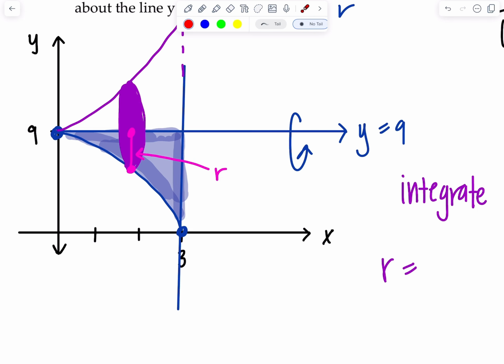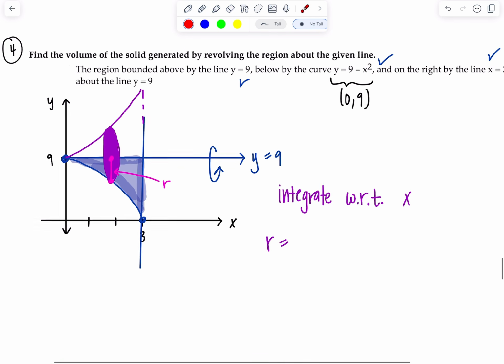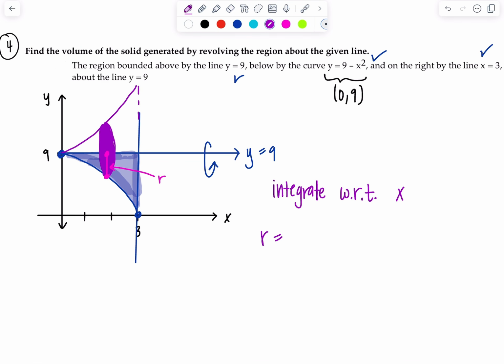What's bounding the radius on the top? Isn't this y equals 9 right there? Who's bounding the radius on the bottom? This curve. Who is this curve? It's 9 minus x squared. So 9 minus x squared, the 9's cancel. I just get positive x squared.